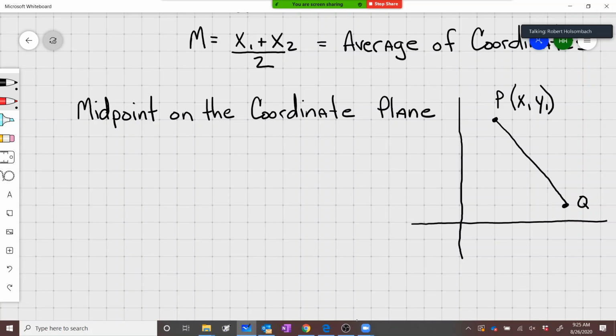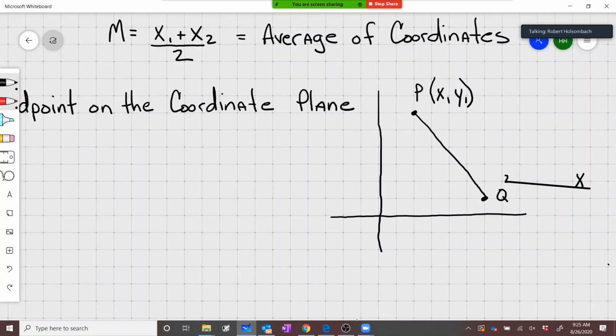And point Q has an x sub 2 and a y sub 2. And we're trying to find the value of the middle, or the midpoint.